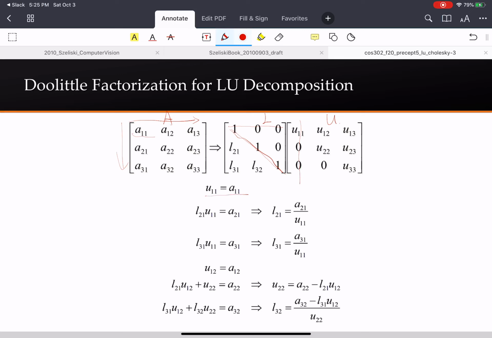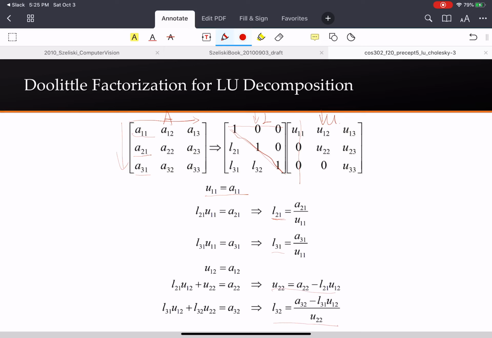And we further build equations to solve for A21 and A31. And then with this, we can solve for L21 and L31. And next is to find values of the second column of U and the second column of L, as here.